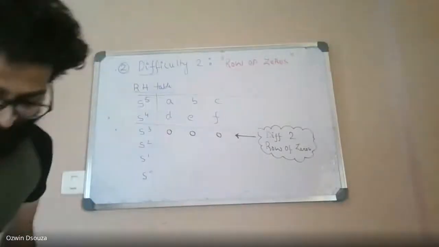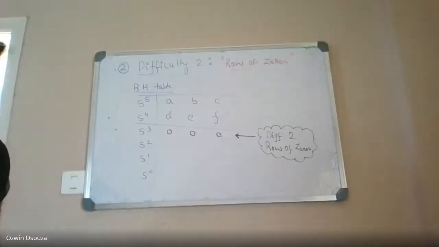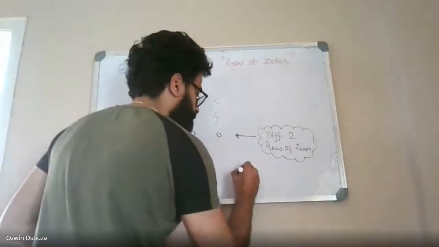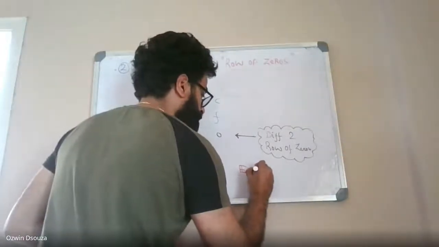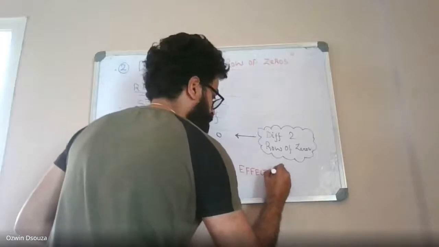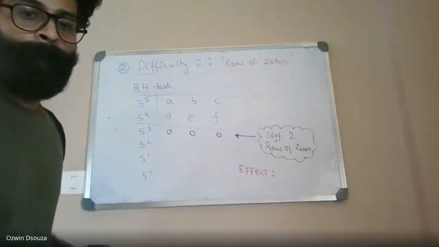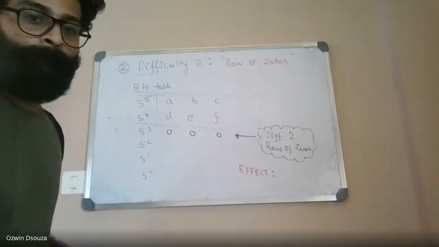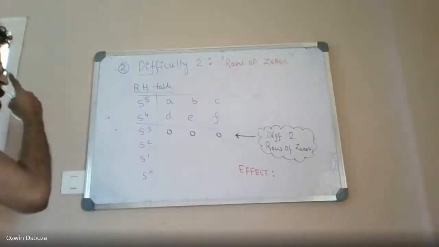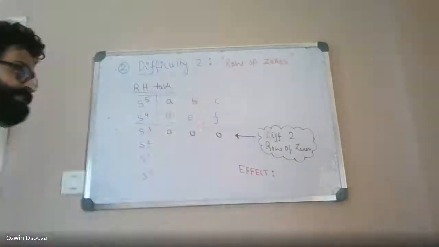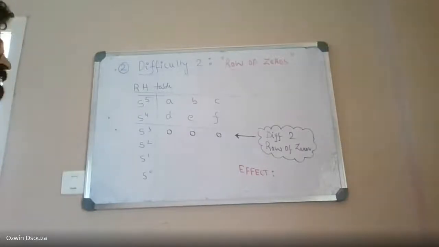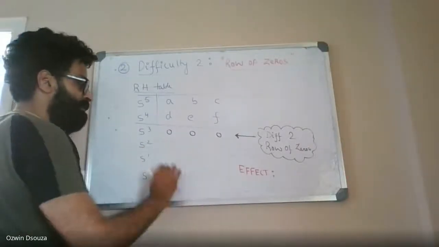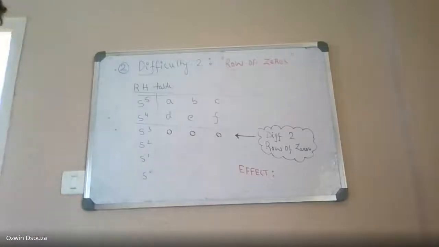Next, what is the effect of this particular difficulty? If you have all the elements as 0, you will not be able to determine the elements of the remaining rows.